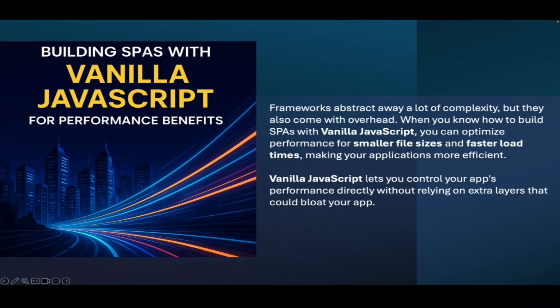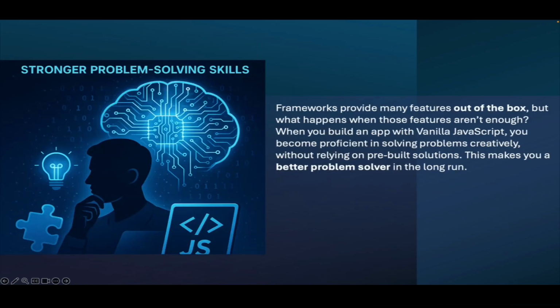And this makes your applications more efficient. And vanilla JavaScript will let you control your app's performance directly without having to rely on extra layers that could bloat your application.